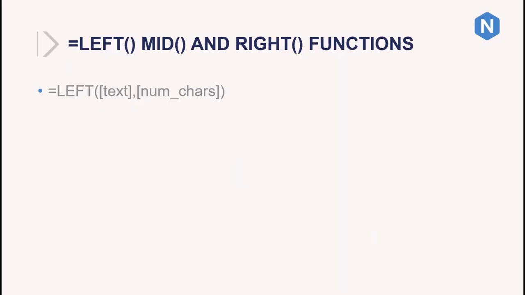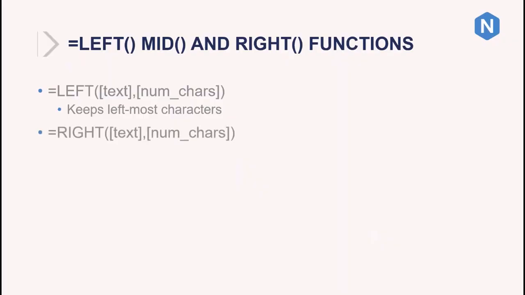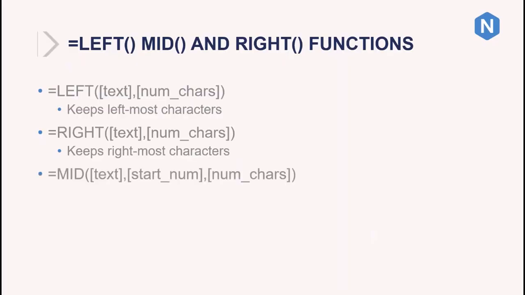That's what LEFT does. It keeps the leftmost characters. RIGHT is identical. You give it a string of text and you tell it the number of characters, but this one keeps the rightmost characters, keeps the right side of a string, depending on how many values you tell it to keep.